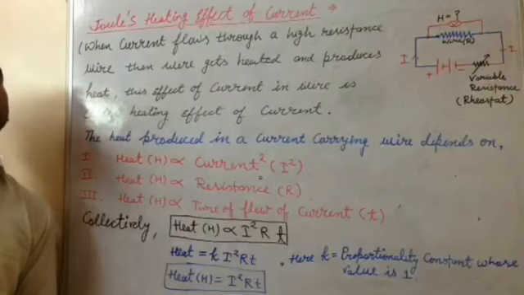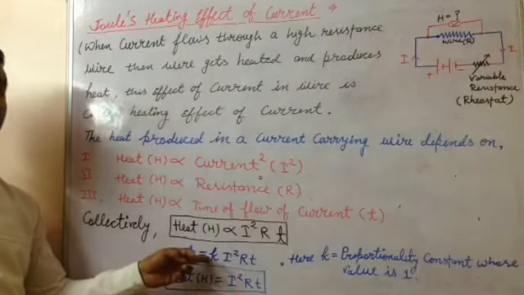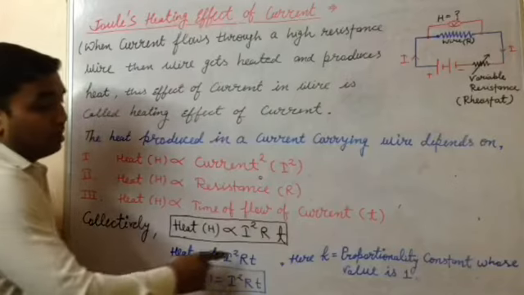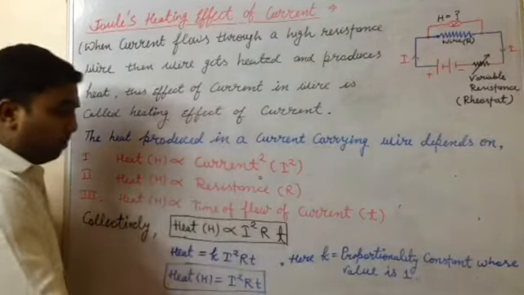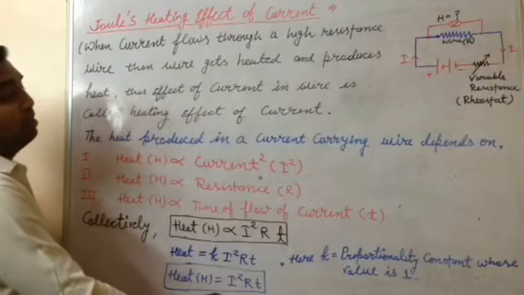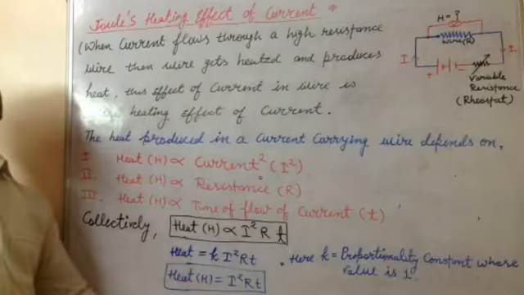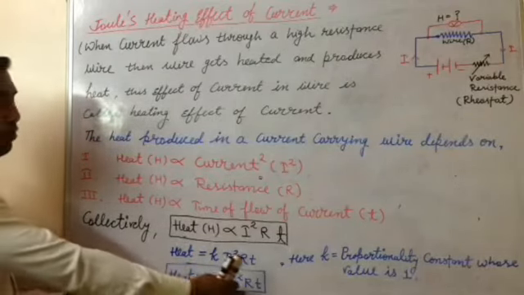So here K is our proportionality constant, whose value is 1. Whenever we take K equal to 1, we get this relation. So this is the formula of heat produced in a wire, and this is the end of the heating effect of current.